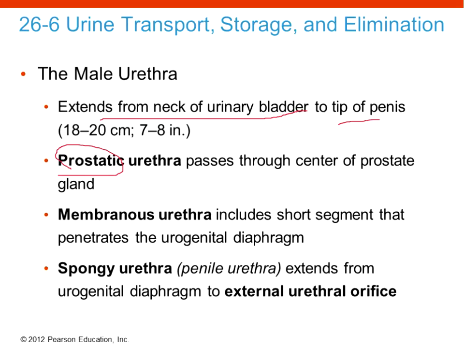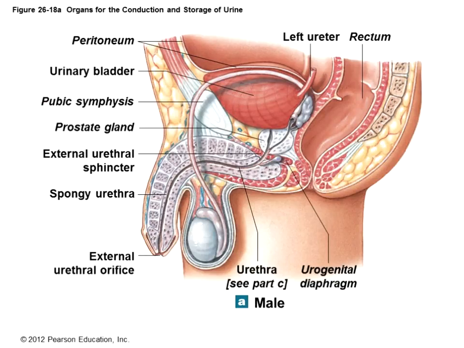We'll talk a little bit more about this in the reproductive system, but essentially one of the challenges that older men can have is the prostate enlarges. As the prostate enlarges, this urethra gets smaller. It's sort of compressed. And so it can make urination more difficult if a person has an enlarged prostate. And then ultimately, again, that's leading through the external urethral orifice and out the body.